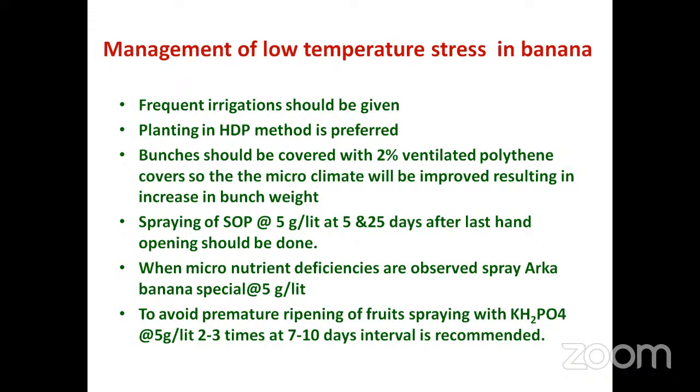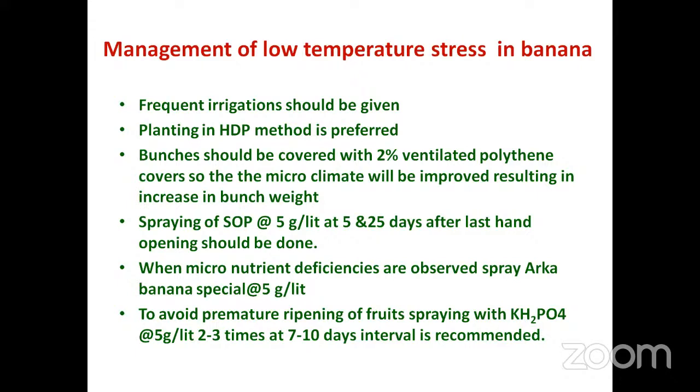Not only that, the pest problem can also be overcome by using these bunch covers. Apart from that, spraying sulfate of potash at the rate of 5 grams per liter at 5 and 25 days after last hand opening is also recommended to overcome low temperature stress in banana.